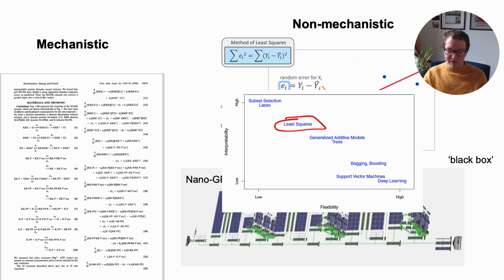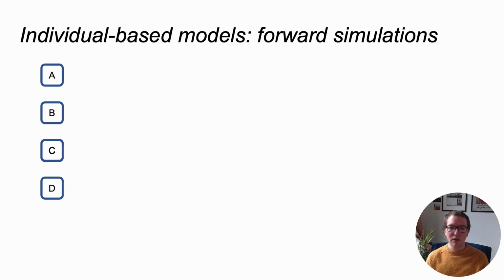And they define this flexibility versus interpretability, about how black box things are. As you go down this way, things get more black box, and you can see deep learning is very flexible but not interpretable. So that's a great book if you're interested in that. But today we're going to focus on mechanistic models, which do have some overlap with non-mechanistic models, but the thinking of how you design them is quite different.